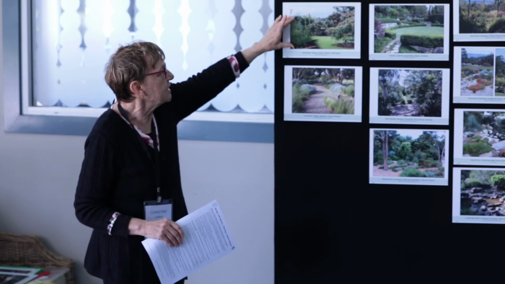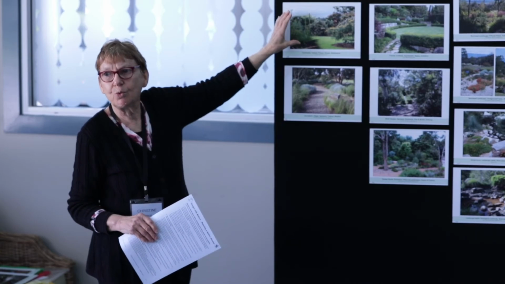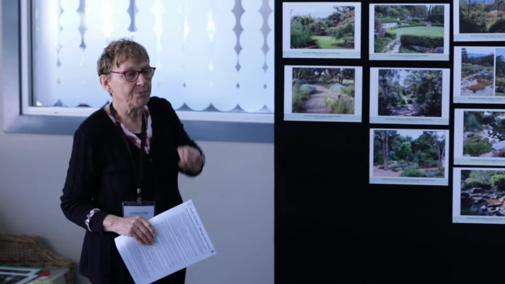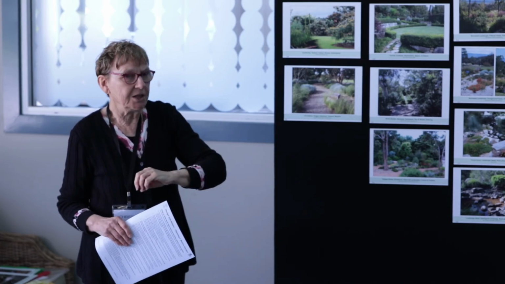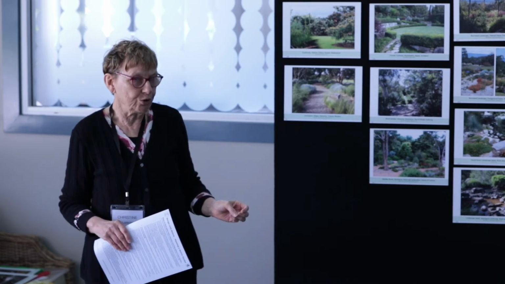This garden is more typical of a garden that we see. When we walk down a suburban street, we normally see a border garden. And really, the border garden is usually a rectangular space, and it frames a lawn.